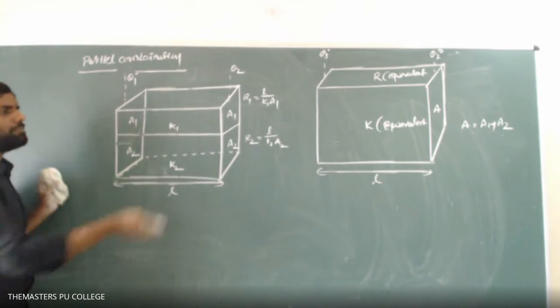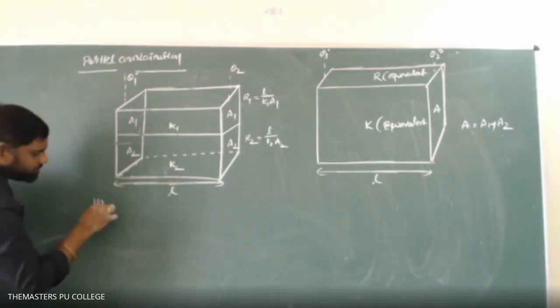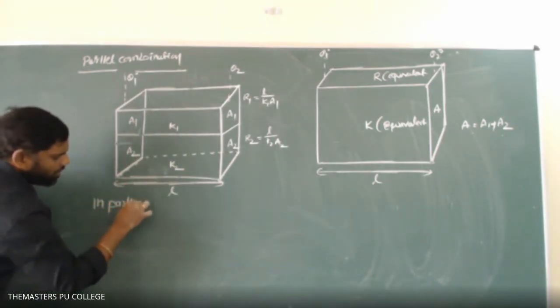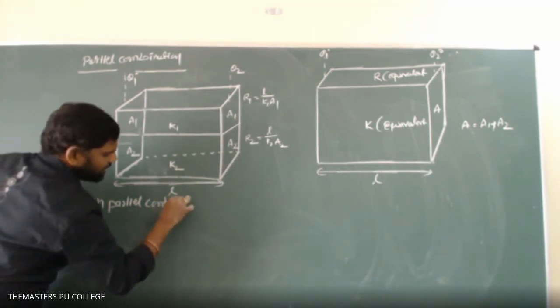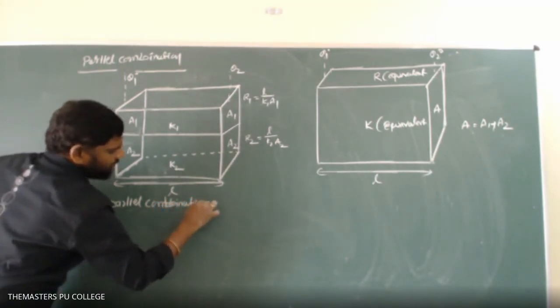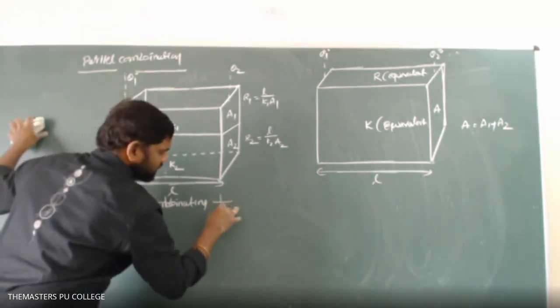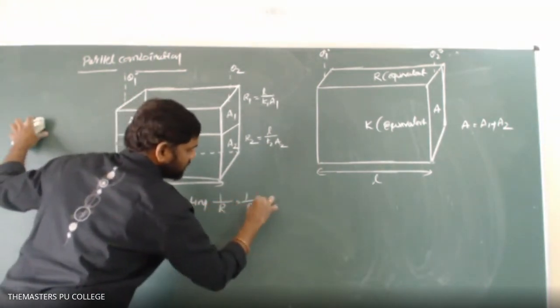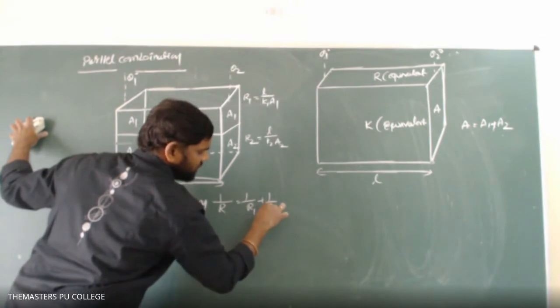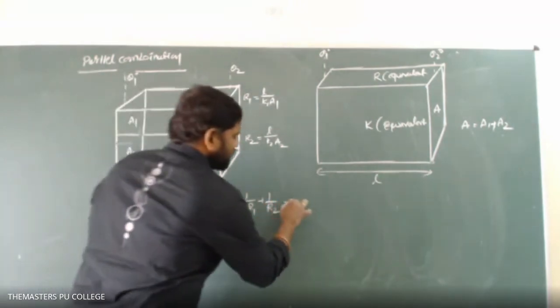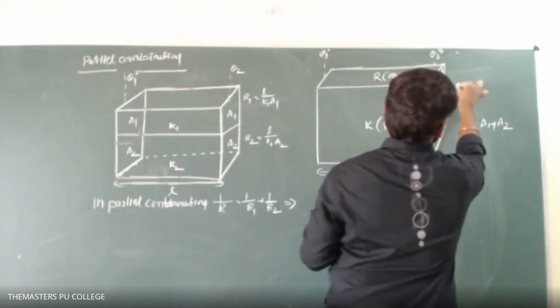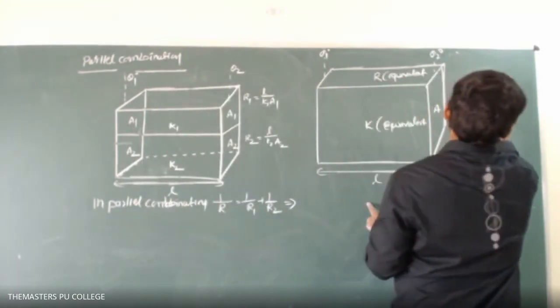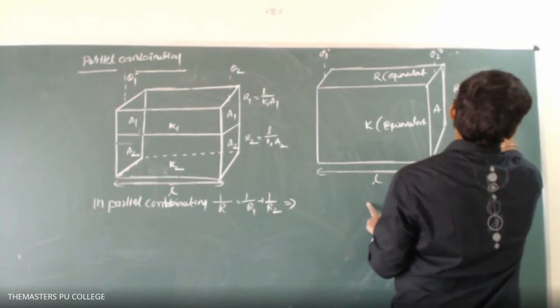Coming to parallel combination, what can I write? In parallel combination, we can write 1 by r equals 1 by r1 plus 1 by r2. In a similar way, 1 by r equals, where the r value is L divided by k into a.